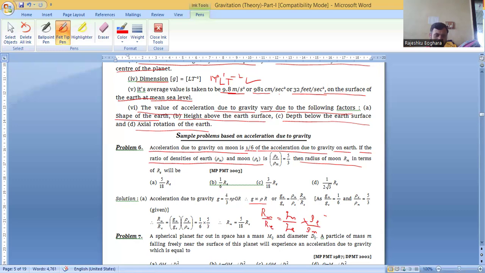So 1/6 into 5 by 3, then Rm is equal to 5 by 18 Re. 6 into 3 is 18, so 5 by 18.